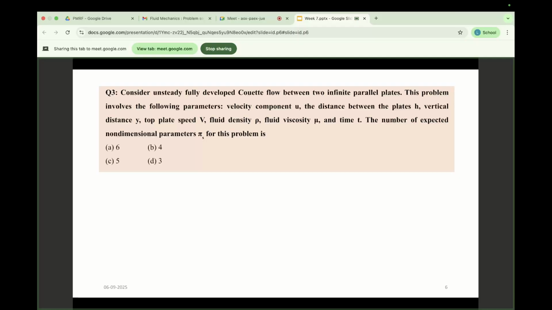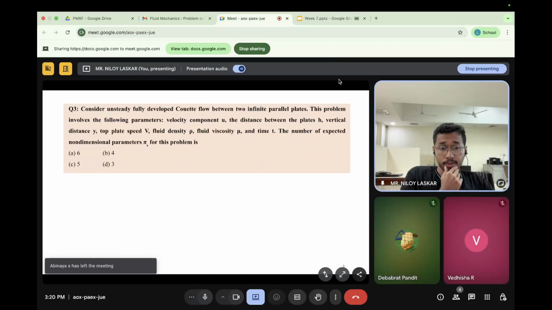You are asked to find the number of expected non-dimensional parameters, pi's, for this problem. I am giving you 1 minute to solve this one.